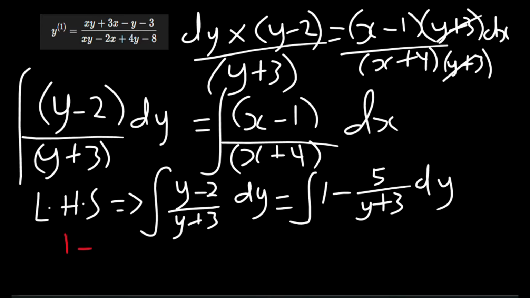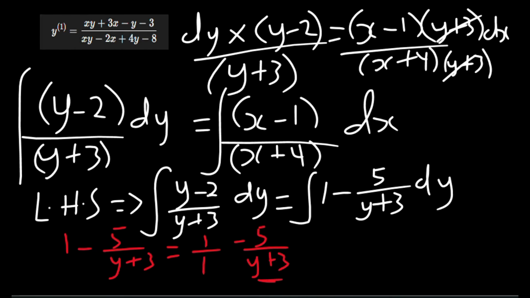Alright, so let's break this down. So 1 minus 5 over y plus 3. Yes, so we find the LCM, which is y plus 3, and then we subtract the 1 from that expression.